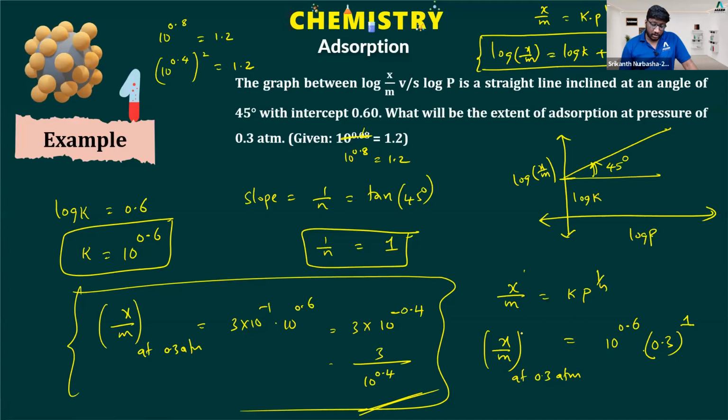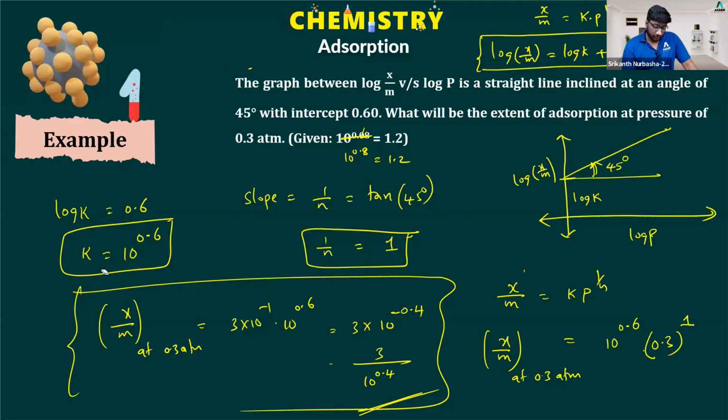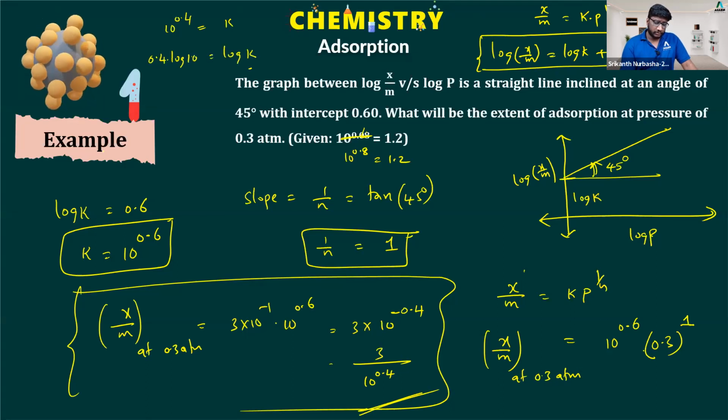Or you can simply go with the logarithm also. Instead of using their values only, you can go with logarithm values. 10 power 0.4 you get, that is equal to some constant k. Apply logarithm: 0.4 into log 10 is equals to log k. Again, you have to find out where that value is approaching closer to.